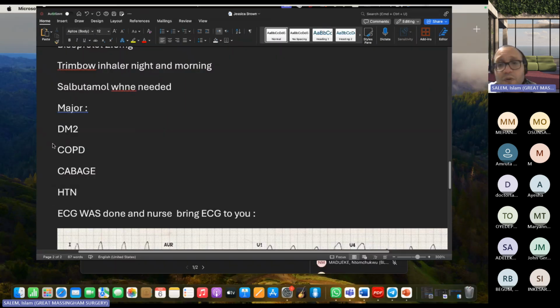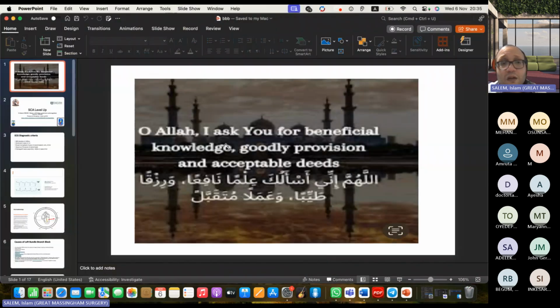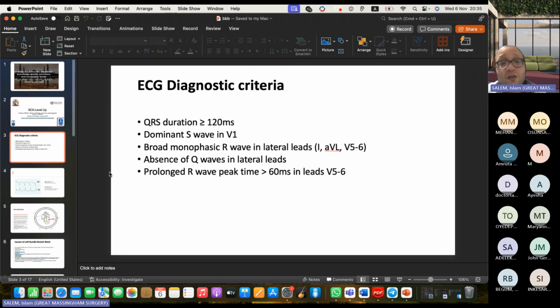Coming back to the PowerPoint, I know that people might not find it interesting because it's not an exam case, to be honest, but these are real-life cases. Now, how can you diagnose left bundle branch block? This is the criteria. First, you need to have delayed conduction, which means that the QRS complex is more than 3 small squares.